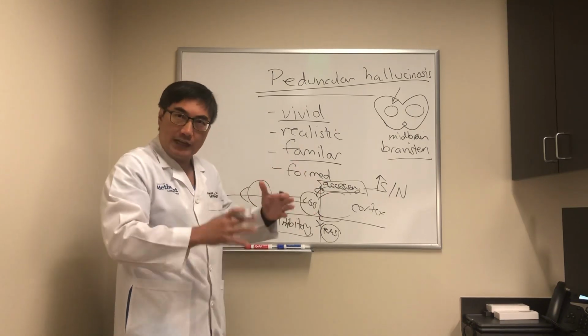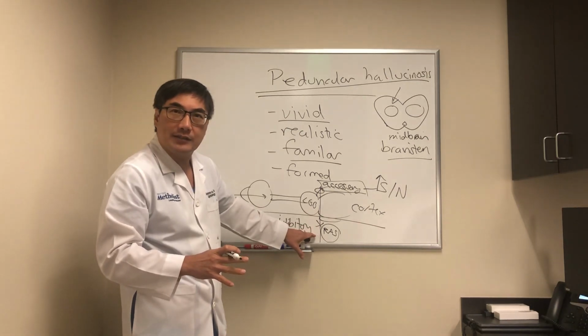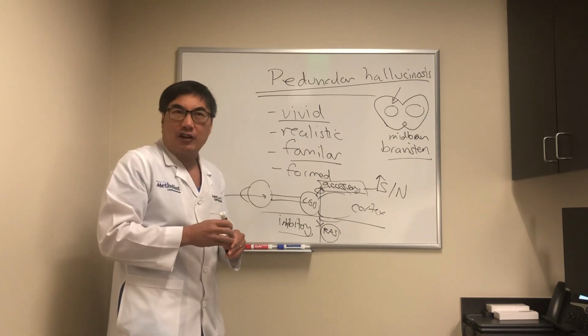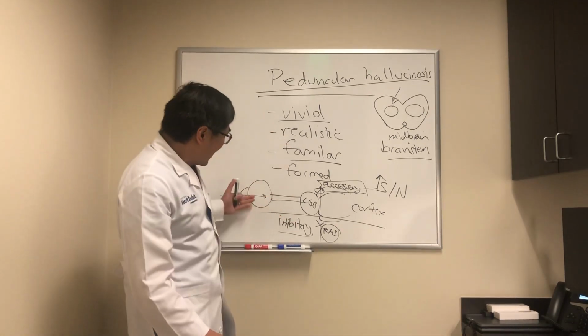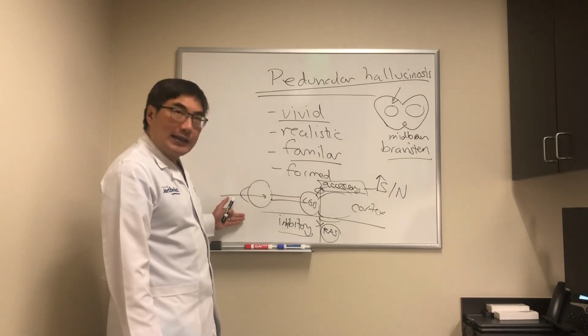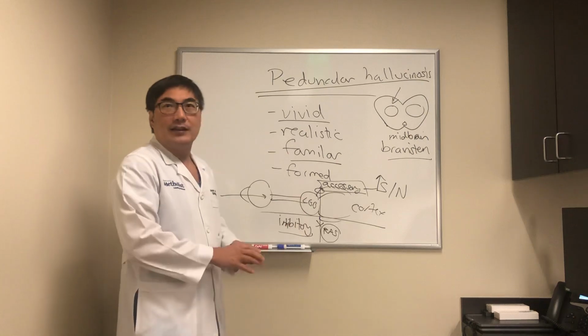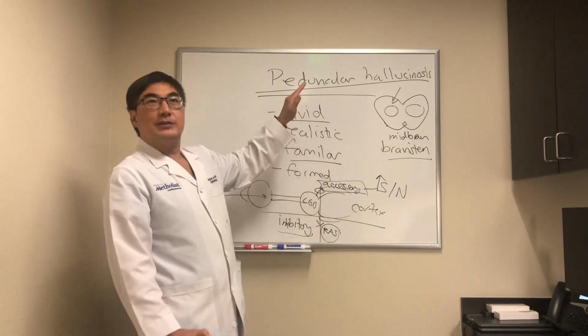So the hallucinations can occur right when you're trying to turn off the reticular activating system and go to sleep. And that's why you have to close your eyes probably and turn off the lights right before you go to sleep, because you want to turn everything down. So that kind of signal, turn off the light, turn off the consciousness, these are kind of linked together in the process of deactivating and going to the REM sleep.